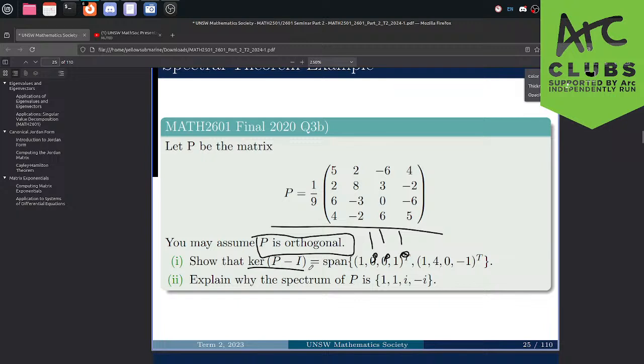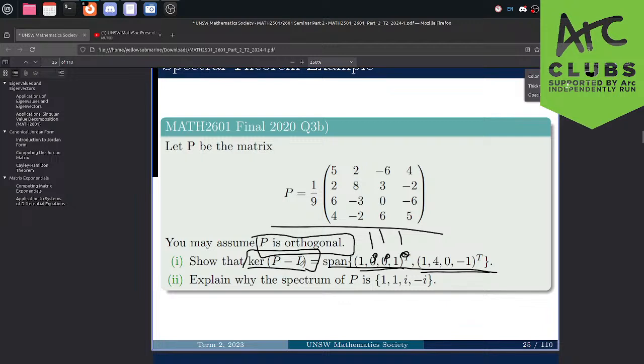We want to show that the kernel of P minus I is spanned by these two vectors. You can infer that this is basically saying these are eigenvectors, since this is the form of the eigenvector definition. It doesn't imply that this is an eigenspace, the way it's written out, but you can assume it's asking you to show that these two vectors are eigenvectors with eigenvalue 1.